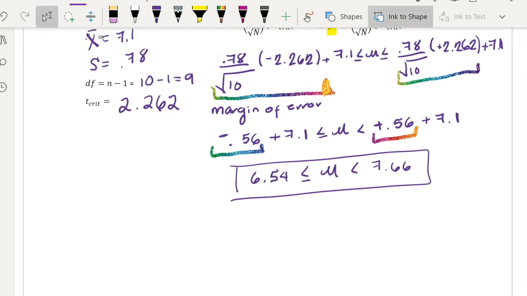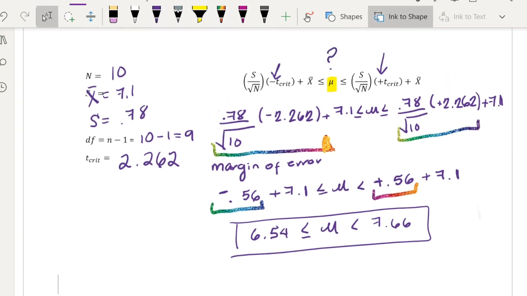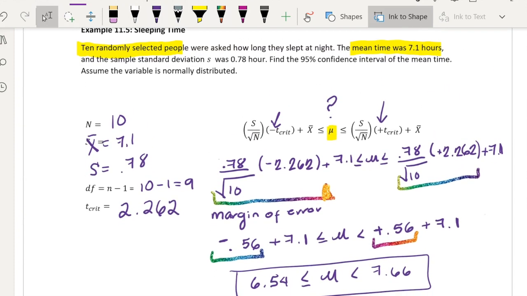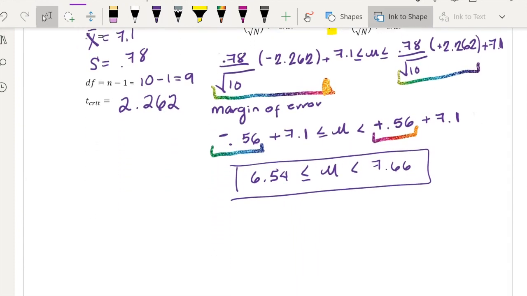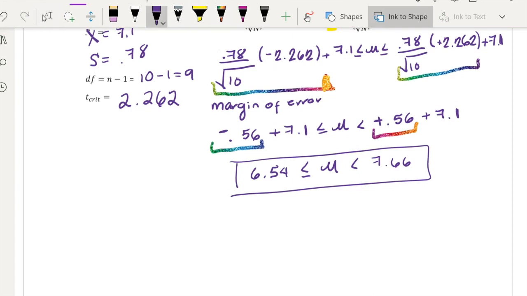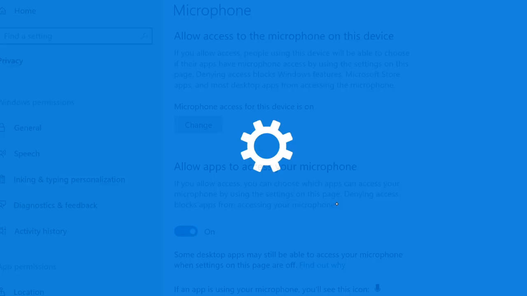Okay, so this is what our confidence interval is. We're happy. What this means is that we are 95% confident that, oops.